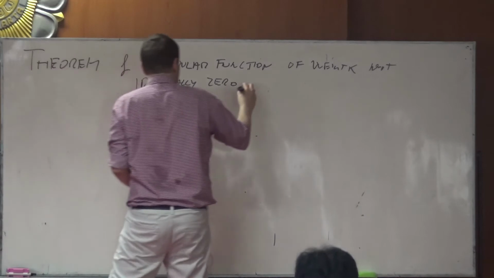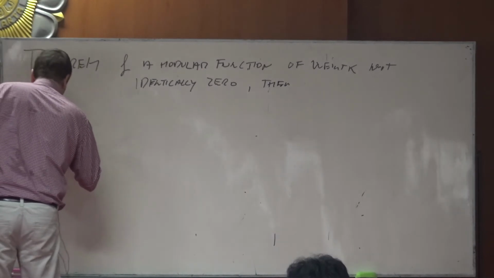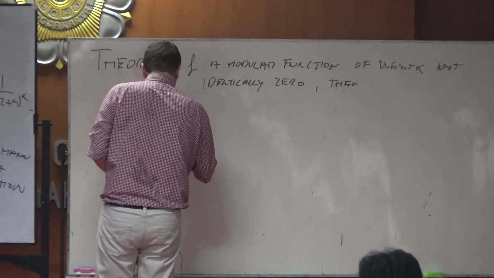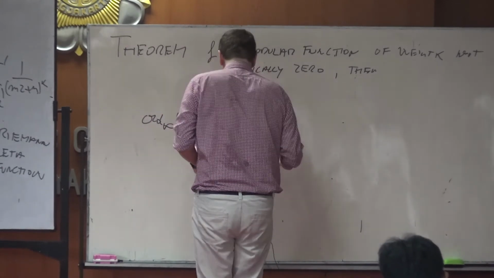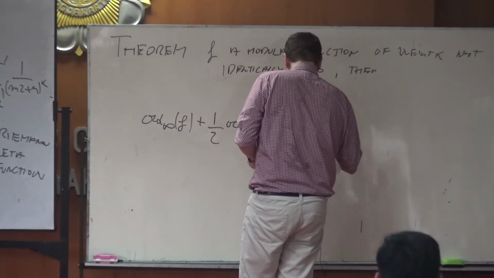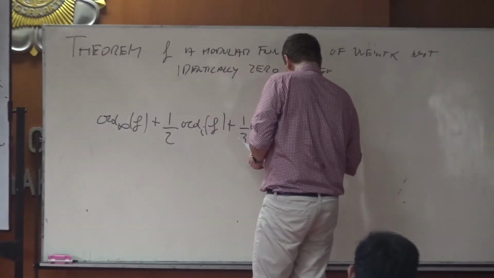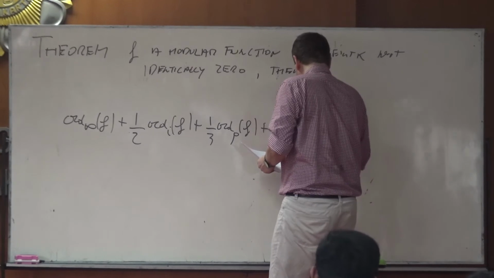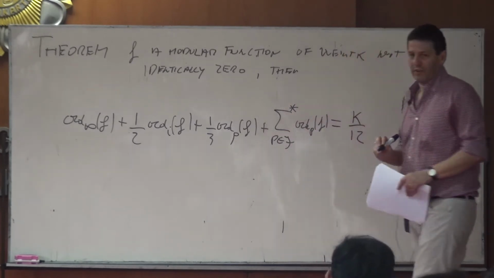Then the order at infinity of f, this is just the order of f tilde at infinity, plus 1/2 the order at i of f, plus 1/3 the order at rho of f, plus the summation over p in F star of the order at p of f, is just k over 12.